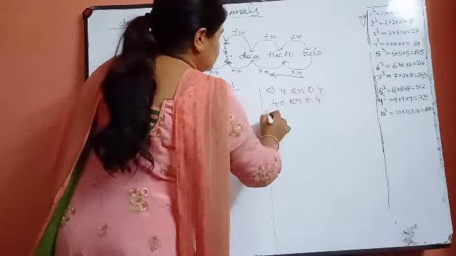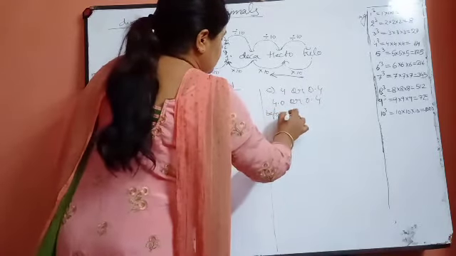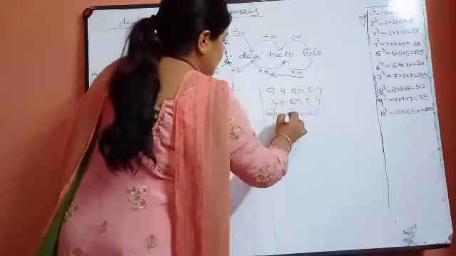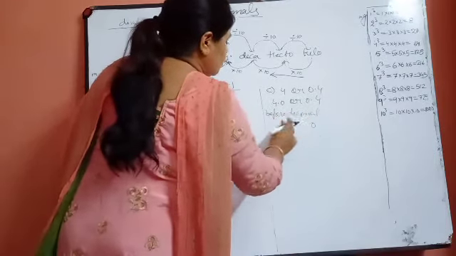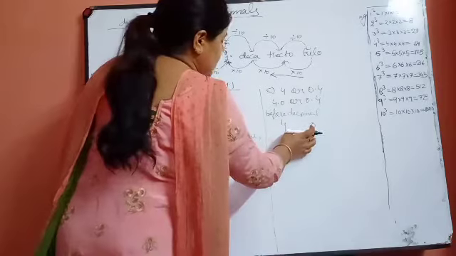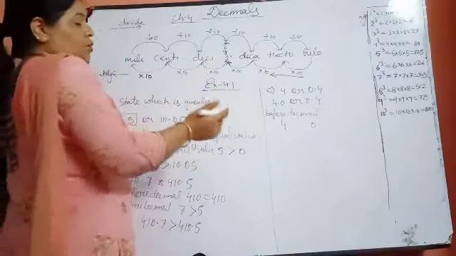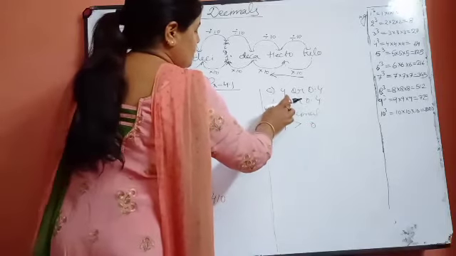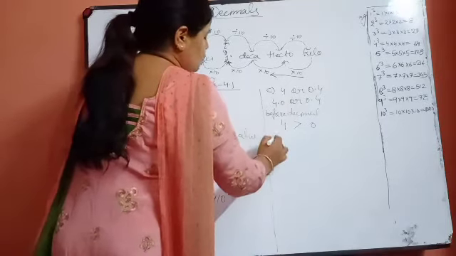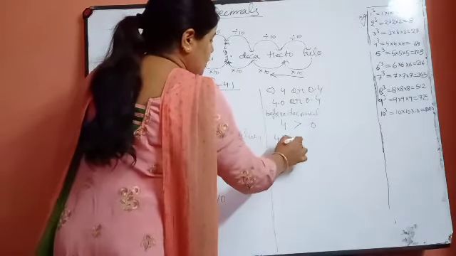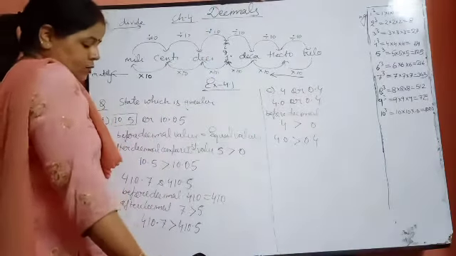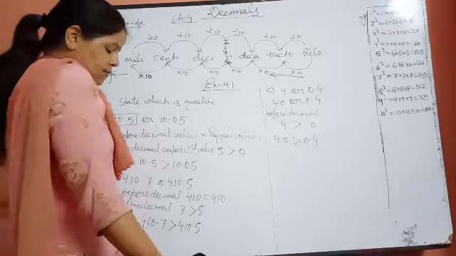Now before decimal, in the first one what is that? 4, and in the second one 0. You can see that 4 is greater than 0. It means 4.0 will be greater than 0.4. So it is so simple. No one should have any problem.